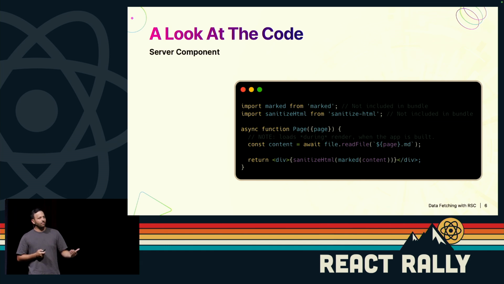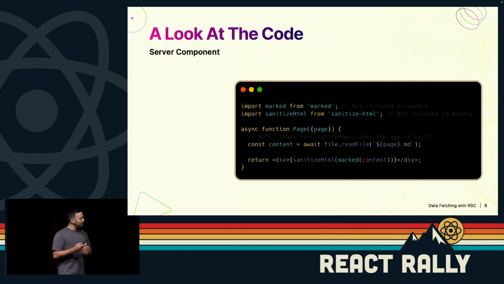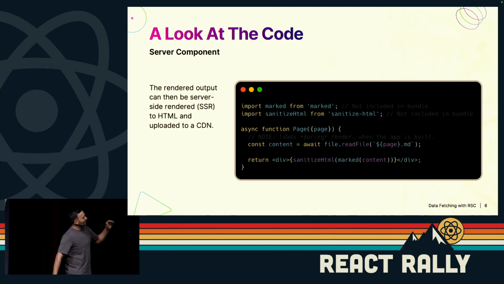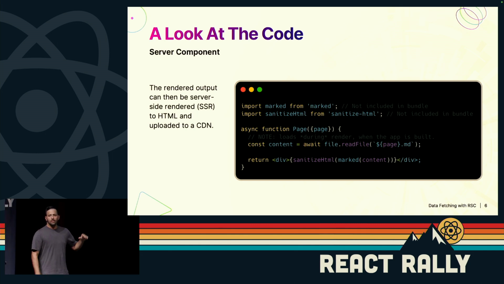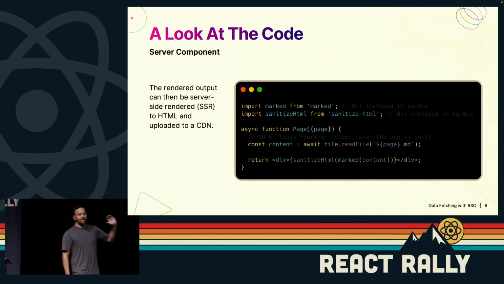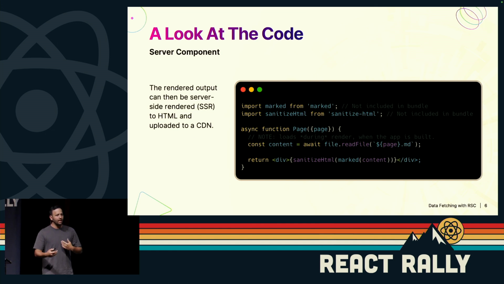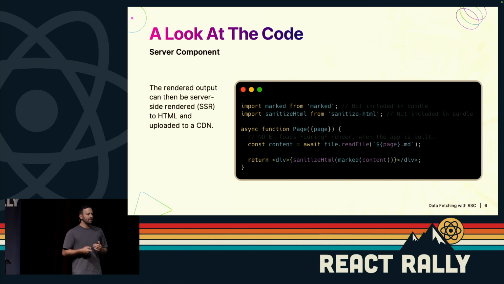We're actually grabbing that information from the server based on that page prop, sanitizing the HTML, and then rendering HTML to the client. And what you'll notice here is that those two node modules, they're not going to be included in the bundle that goes to the client. So this stays on the server, and this information is not going to be sent down to the client. And then what's even better is you can partner this with server-side rendering to create an HTML for speed improvements to your application.